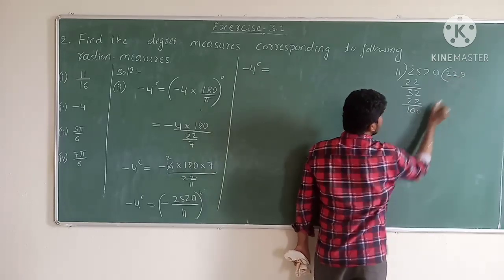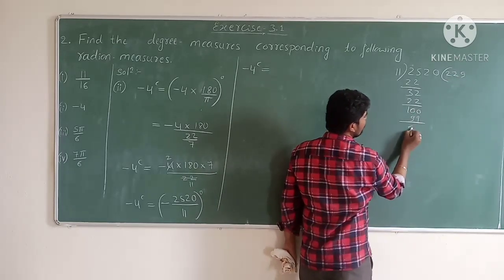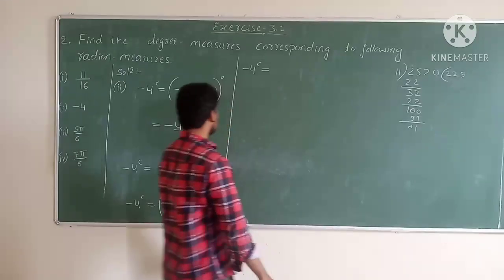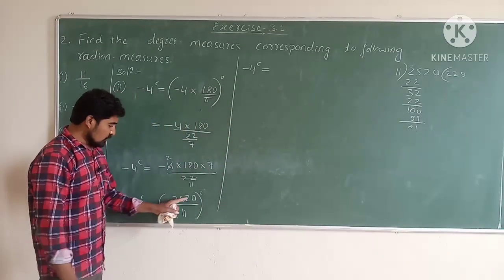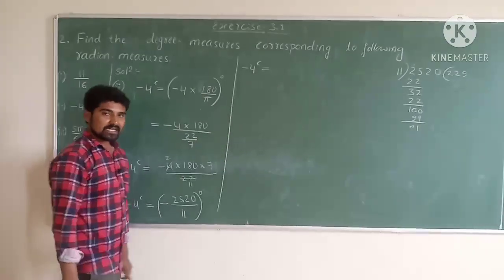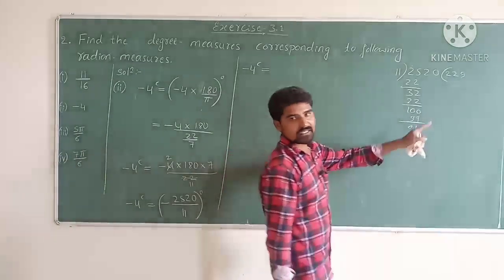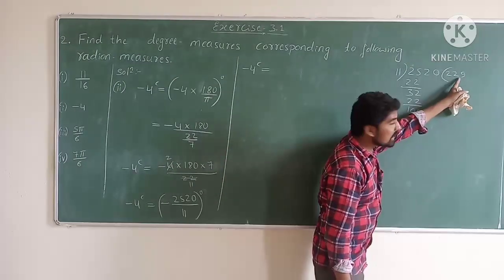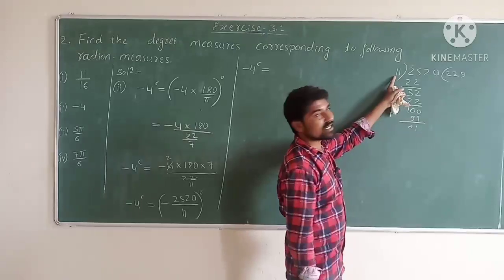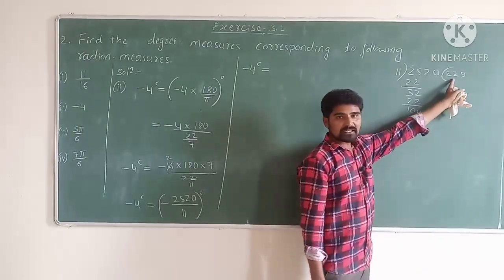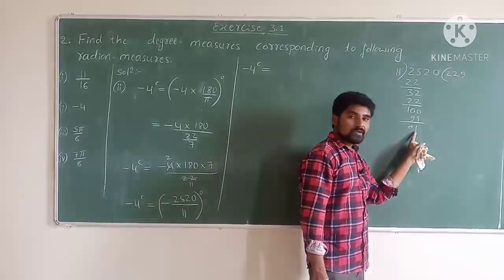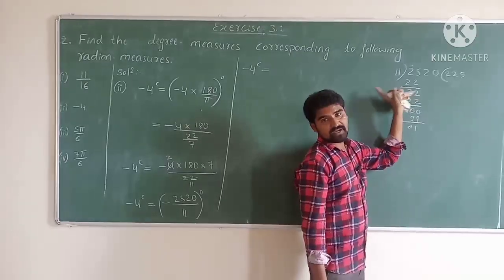So 11 9s are 99. Therefore remaining 1. Hence minus 2520 divided by 11 can be written in mixed fraction as 229 and 1 divided by 11. Quotient into remainder divided by divisor.